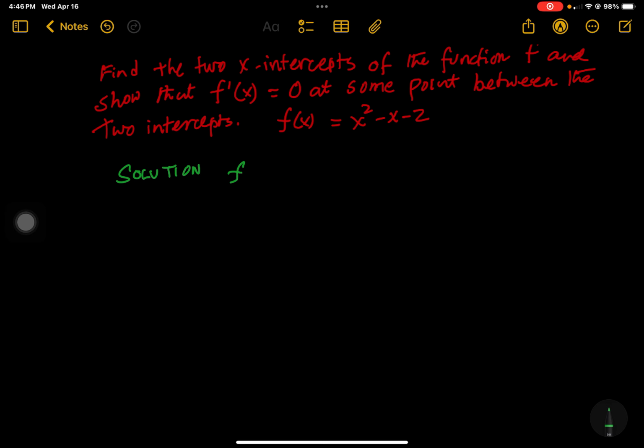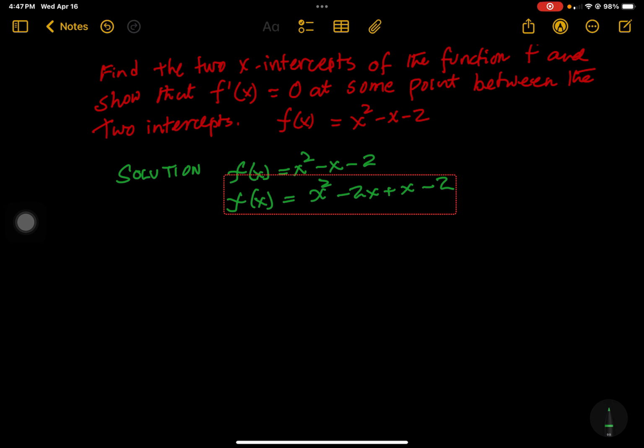Given f of x is equal to x squared minus x minus 2, we will factorize this. So we can write f of x is equal to x squared minus 2x plus x minus 2. That means the x in the center, minus x, we split it up into minus 2x plus, actually it's 1x.